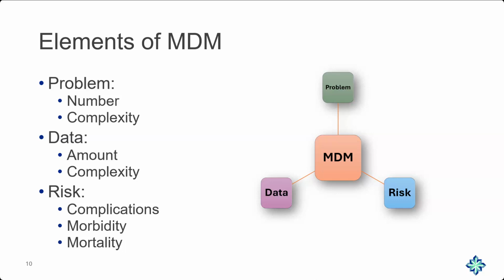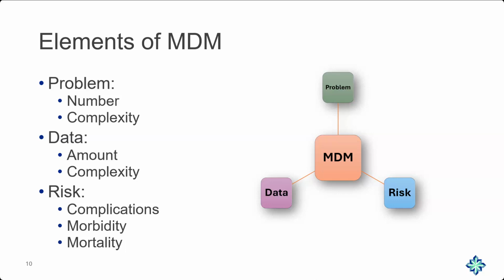With problem, we're also looking at the complexity of the problem that's addressed, and could be unique to each patient. MDM is also based on data, including the amount and complexity of the data to be reviewed and analyzed for the medical decision making for that patient's problem in that encounter.